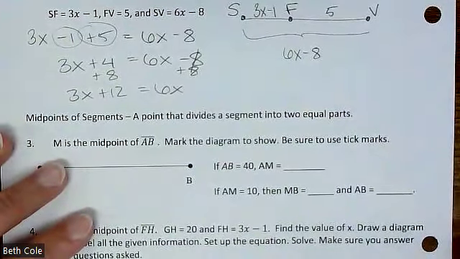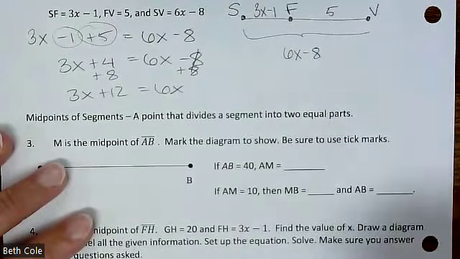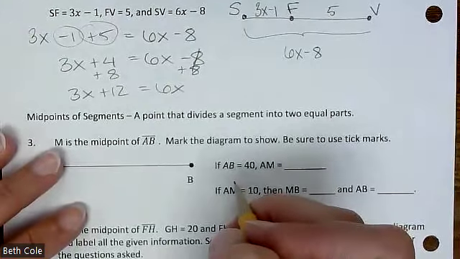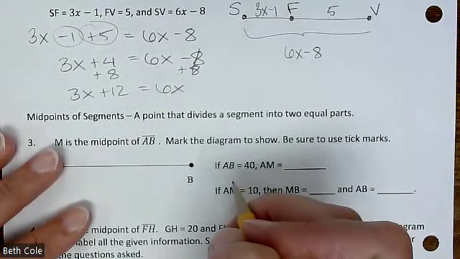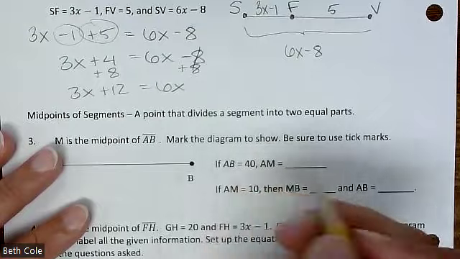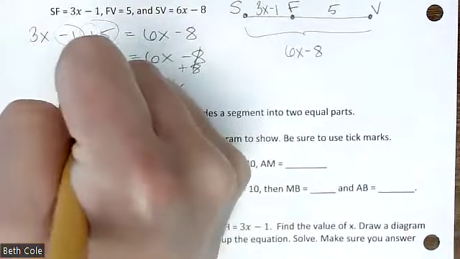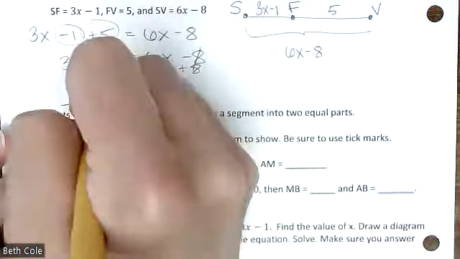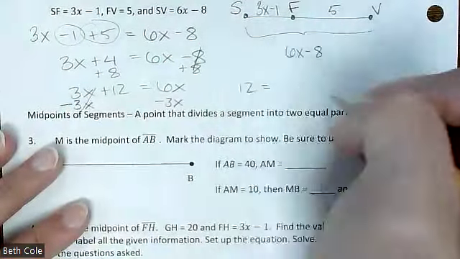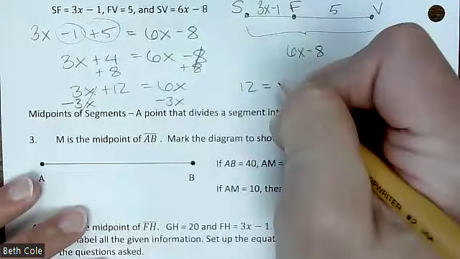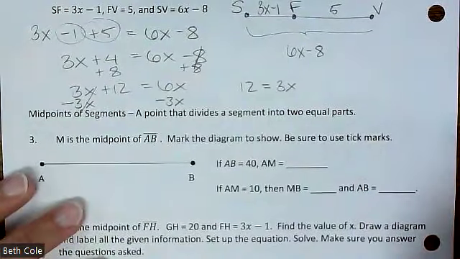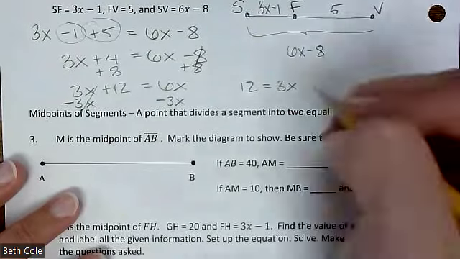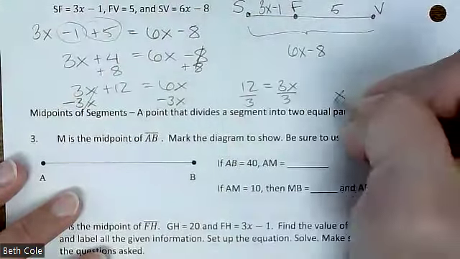We are going to divide, but not yet. We've got to get the x's together. You have to actually show your steps. You would subtract 3x, so you get 12 equals 6x minus 3x, which is 3x. So divide by 3, x is 4.